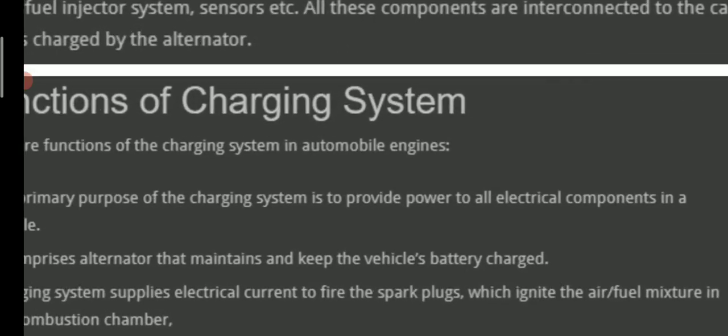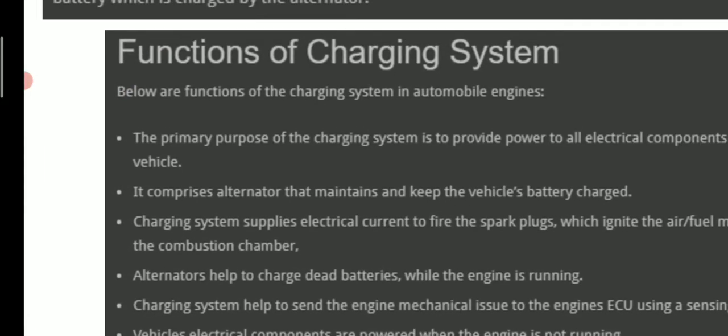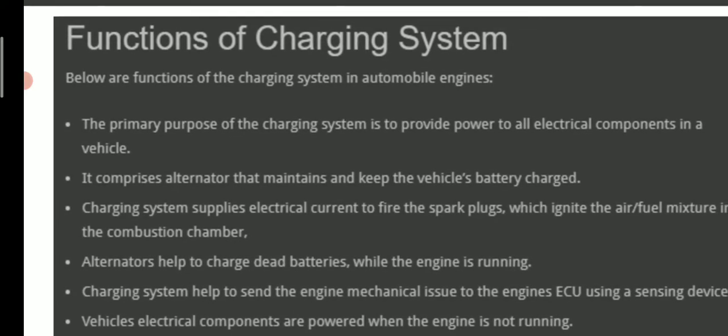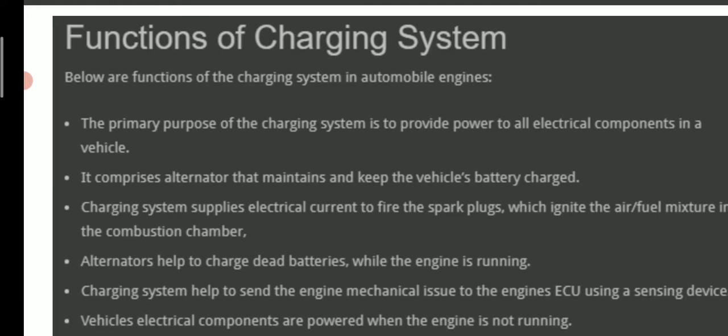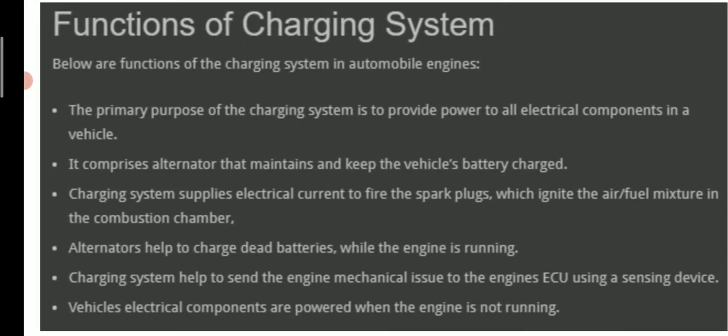What are the functions of the charging system? The primary purpose of the charging system is to provide power to all electrical components in the vehicle. It comprises an alternator that maintains and keeps the vehicle's battery charged. The charging system supplies electrical current to fire the spark plug, which ignites the air fuel mixture in the combustion chamber.